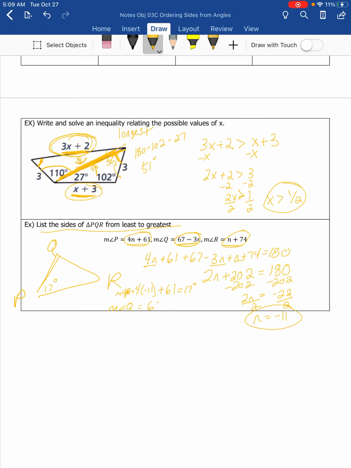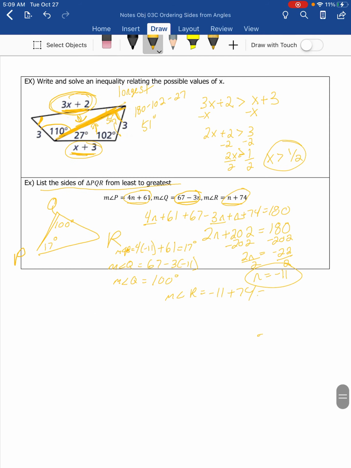The measure of angle Q is 67 minus 3 times negative 11, which is 67 plus 33, so the measure of angle Q is equal to 100 degrees. And the last one is the measure of angle R is equal to negative 11 plus 74, which is 63 degrees. And you'll see if you add these up, you do get to 180.